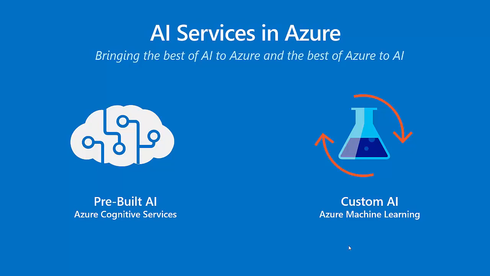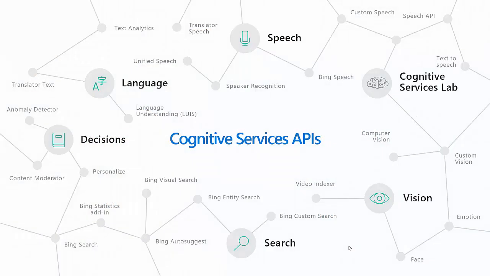But if you are going to take advantage of existing services, well, then we've got a whole host that are available to you. We have vision services that could go in and do, in our example, optical character recognition, or maybe spot objects inside of a picture.